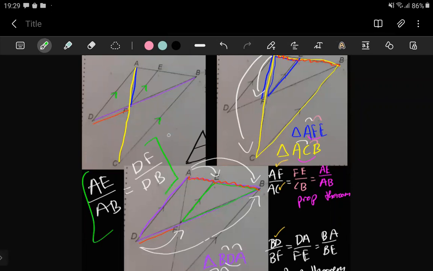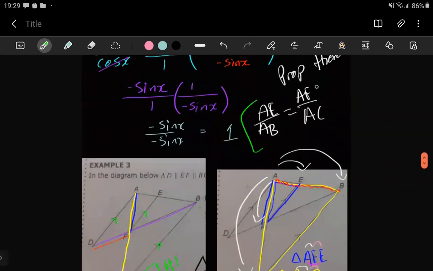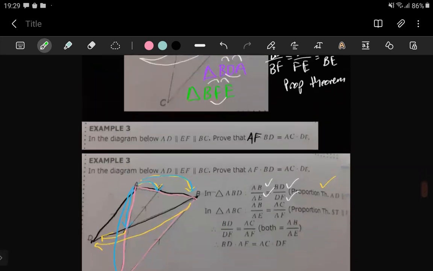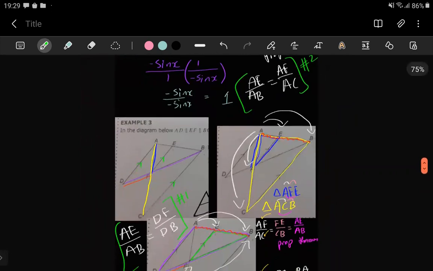We can name this hashtag 1, and then we can name this hashtag 2. If you look at what they wrote on the memo here, they said both of them are equal to the ratio AB over AE, which is technically what we also have here. This is AE over AB, and down here this is also AE over AB.